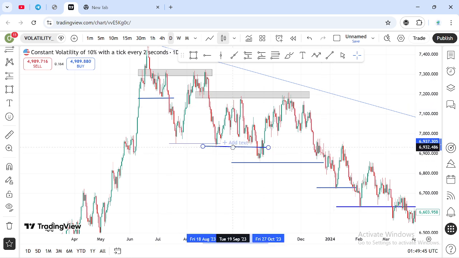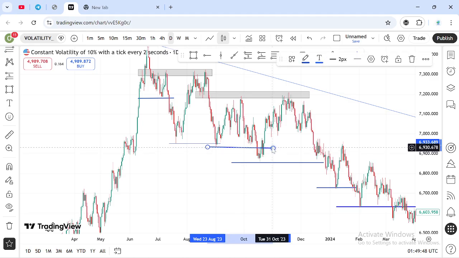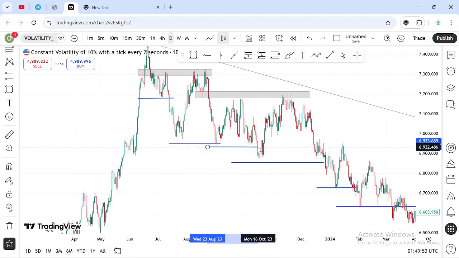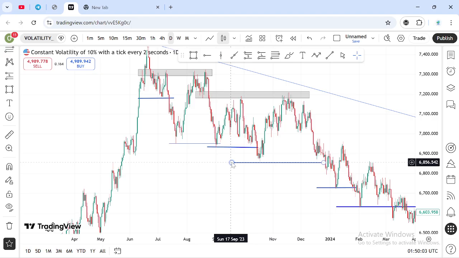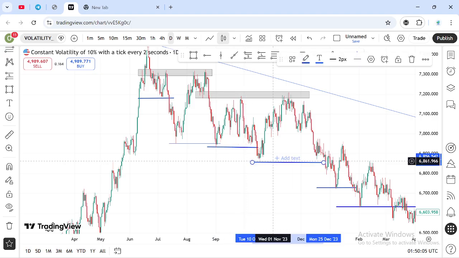But then something happened again. With the help of this next break of structure, price actually got to respect this other block here, which was also aligned with the mitigation, and then created this drop. This drop also is cool.